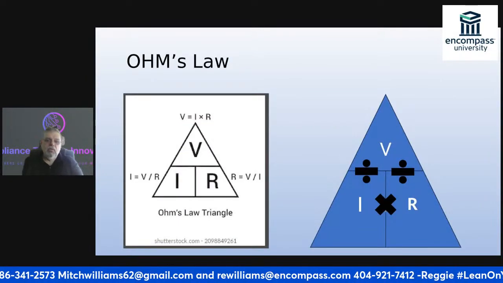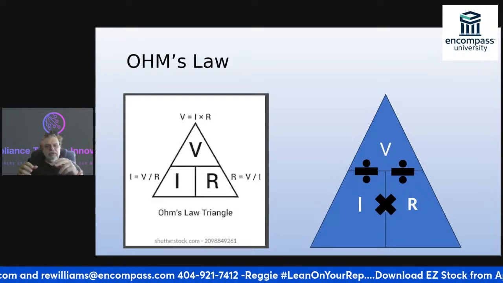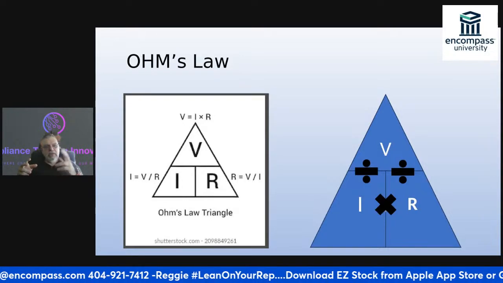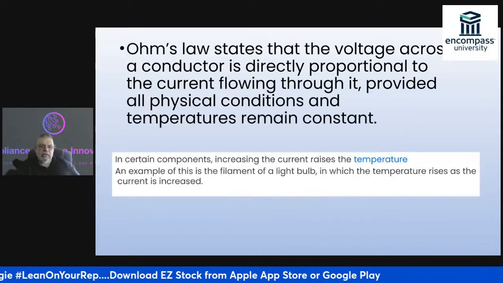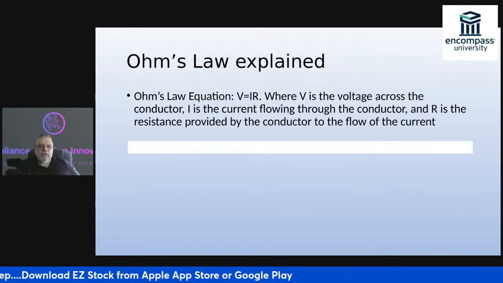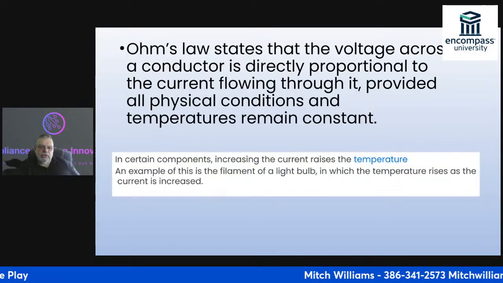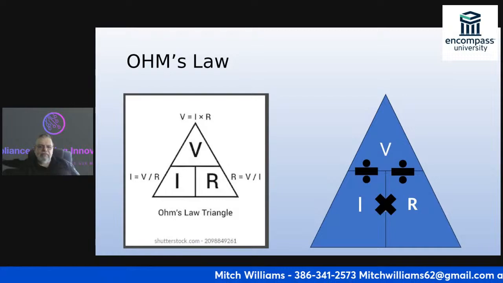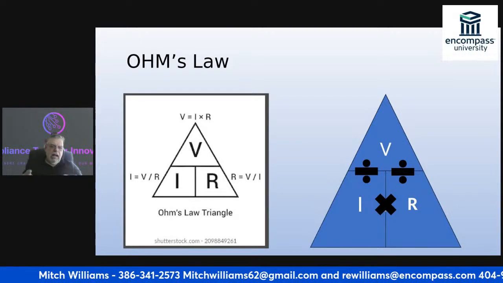Once again, let's go back over. Voltage equals I, which was what? V is voltage, I is current, and R is resistance. So I can figure out anything if I have two of the three items.